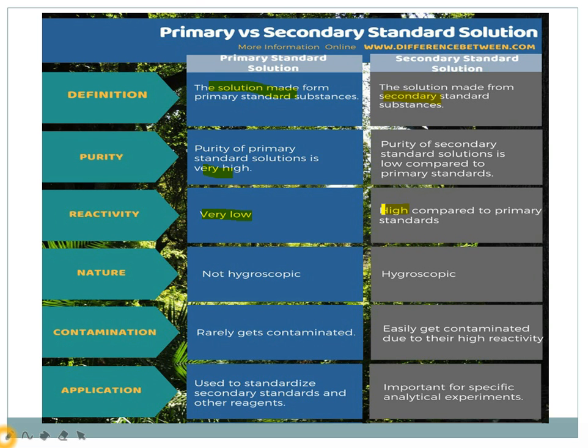In case of nature, the primary standard should not be hygroscopic, while the secondary standard can be hygroscopic. In case of contamination, primary standards are rarely contaminated, while secondary standards are easily contaminated because they are highly reactive. In case of applications, primary standards are used to standardize the secondary standards and other reagents, while the secondary standards are very important for specific applications.